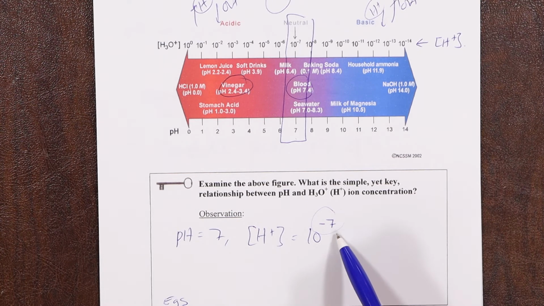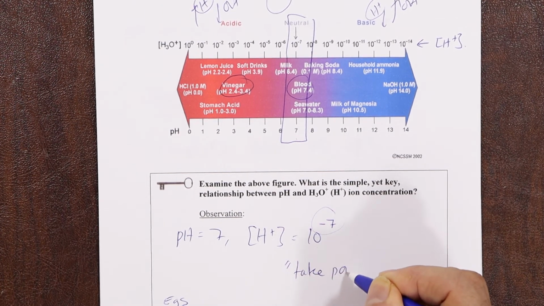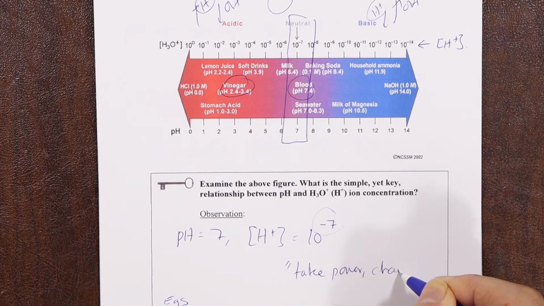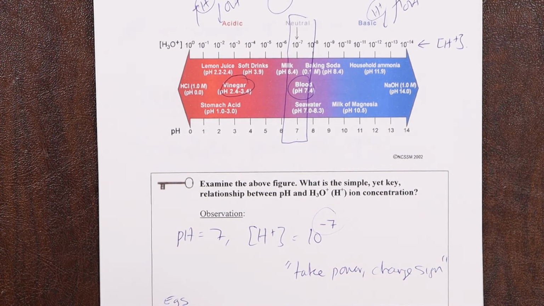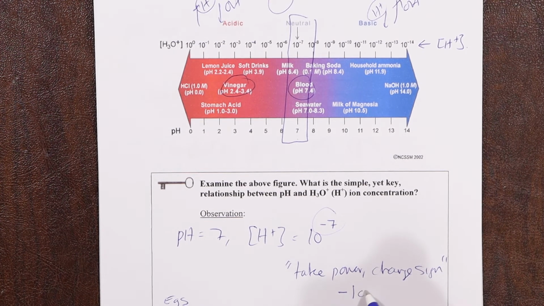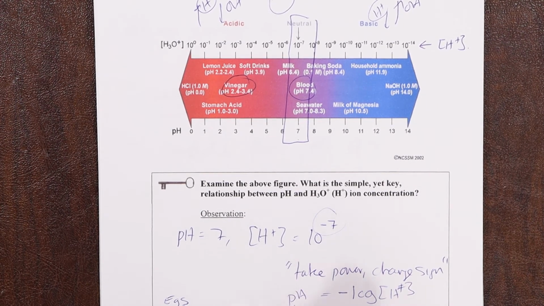You just take the power and change sign. That's all I need you to remember for Chemistry 100. If you did Chemistry 101 or something, change the sign is minus, so you multiply by -1, and then take the power is log. So the negative log of the H plus ion equals the pH. And that's what P in pH means. It means take the negative log. So very simple, Chemistry 100.